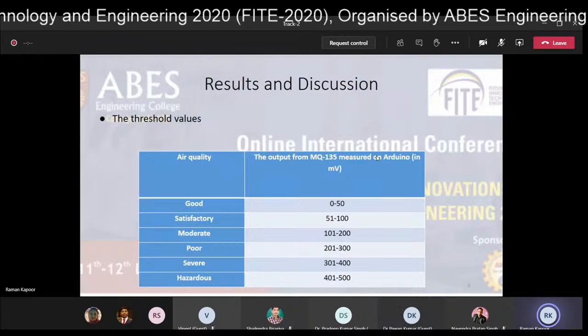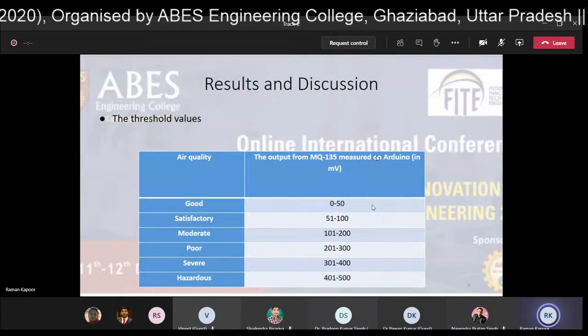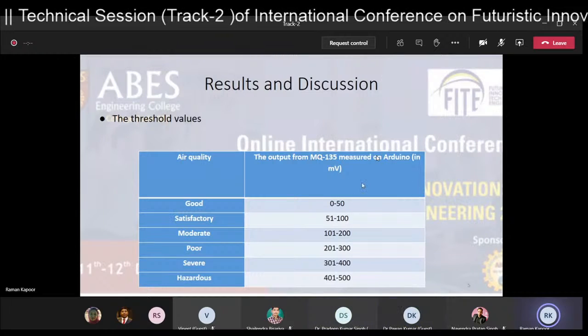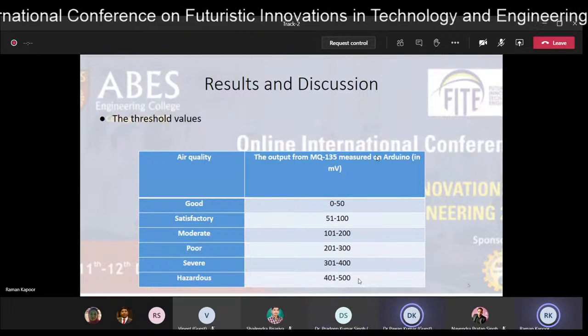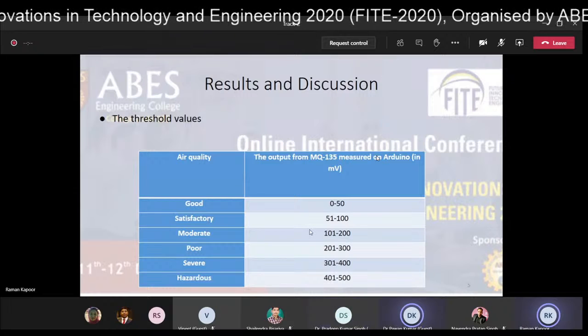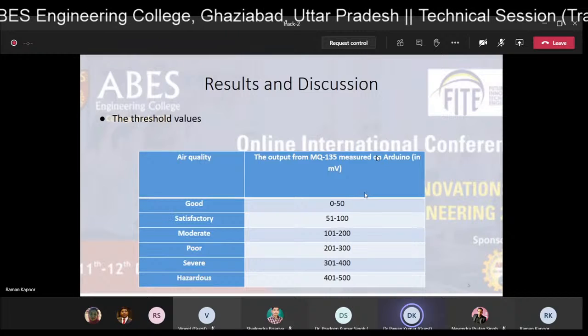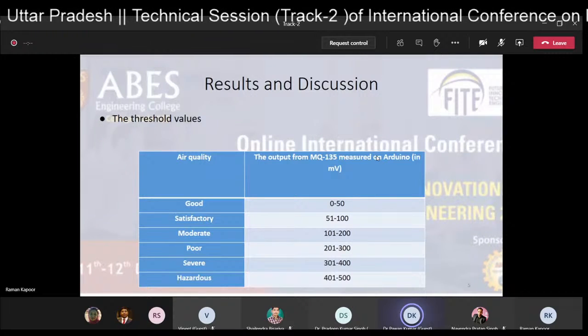So that chemical reaction basically alters the resistance inside the MQ135. We have gone through the complete data sheet of it, and this calibration was done by the students themselves. This is the chemical reaction which decides the generation of voltage level and hence the quality of air.